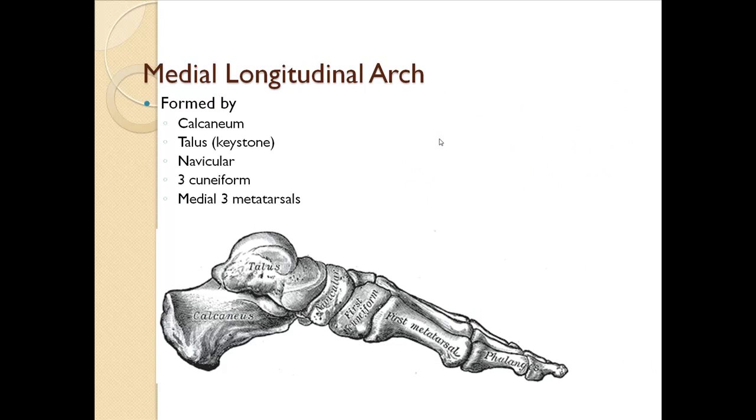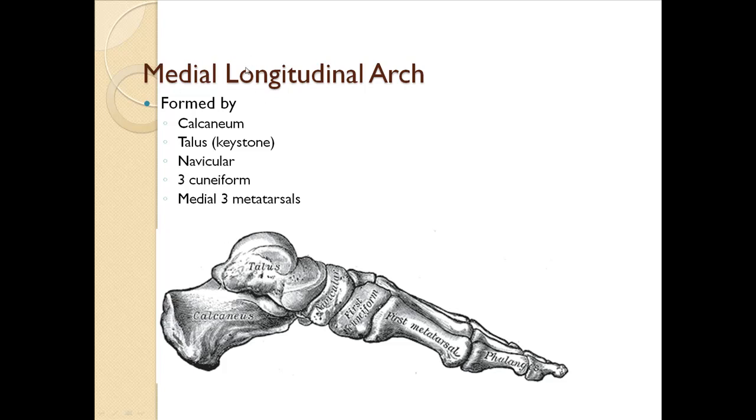So if we start off with the medial longitudinal arch, we can see the medial longitudinal arch here. If we start off describing the pillars, the posterior pillar is the calcaneus, the anterior pillar is made up of the navicular, the 3 cuneiform bones and the 3 metatarsals. The phalanges do not form part of the medial longitudinal arch, or of any of the arches in fact. The keystone, the highest point of the arch, is the talus.